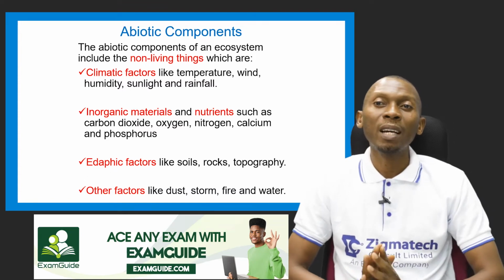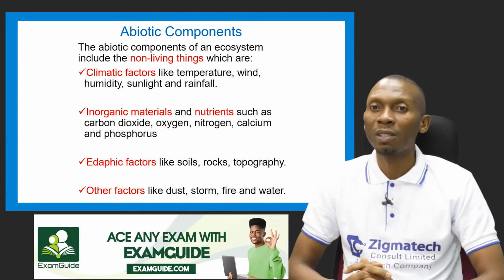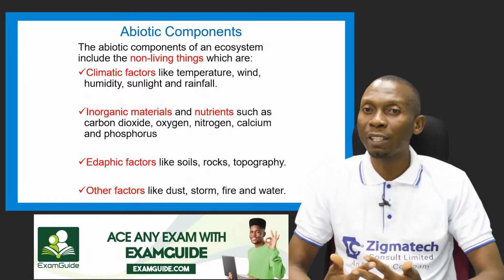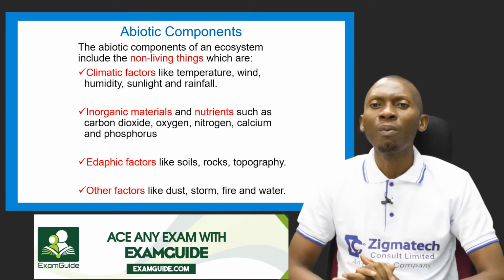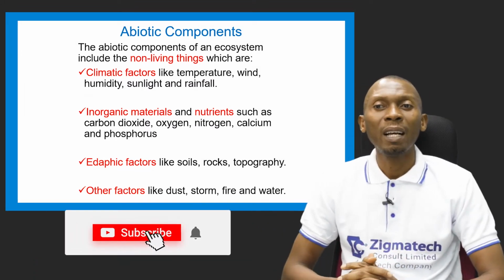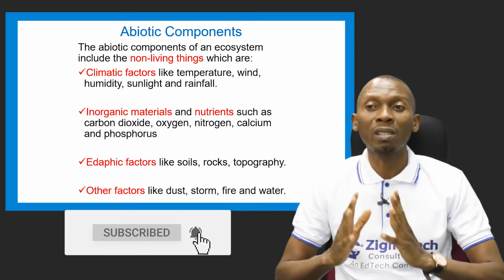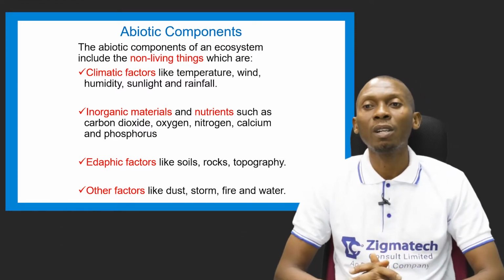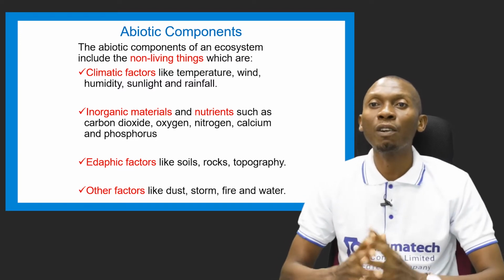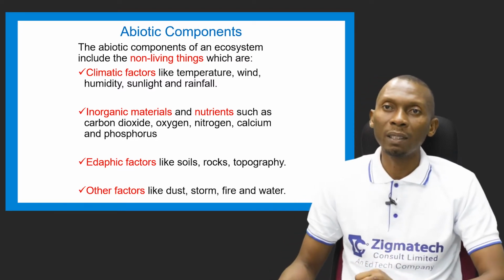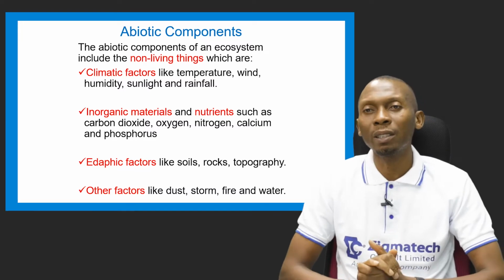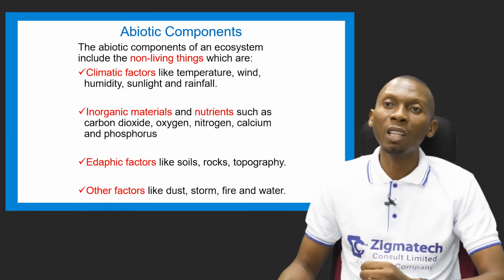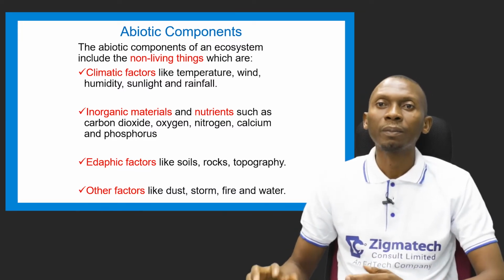We also have inorganic materials and nutrients such as carbon dioxide, oxygen, nitrogen, calcium, and phosphorus. We also have the edaphic factors like soil, rocks, and topography. And finally, we also have other factors like dust, storm, fire, and wind. All of these have a role to play in the ecosystem, and they belong to what is called the abiotic components, which are the non-living components of an ecosystem.